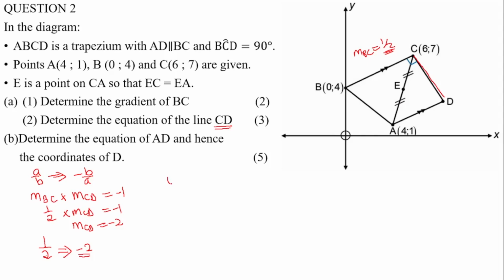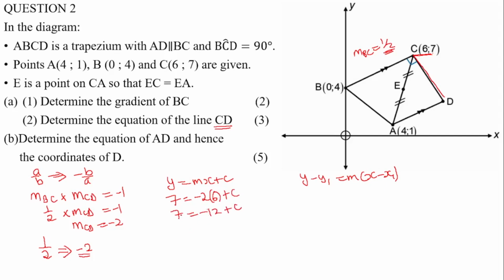We can have y is equal to mx plus c, or we can have y minus y1 is equal to m(x minus x1) like this. Okay, we're going to use both methods. We have the gradient, we're going to use the coordinates of C there. So it's 7 because y is 7 there is equal to negative 2, x is 6, and then plus c, which is 7 is equal to negative 12 plus c.